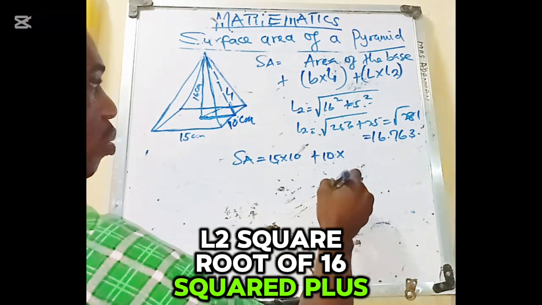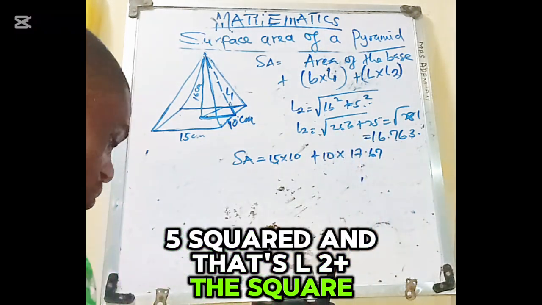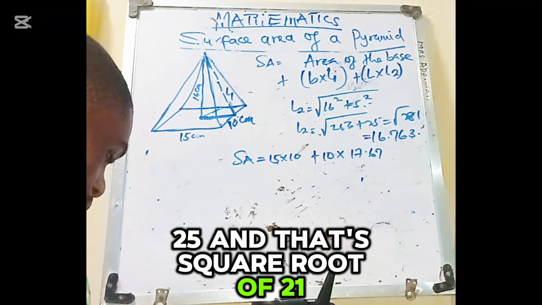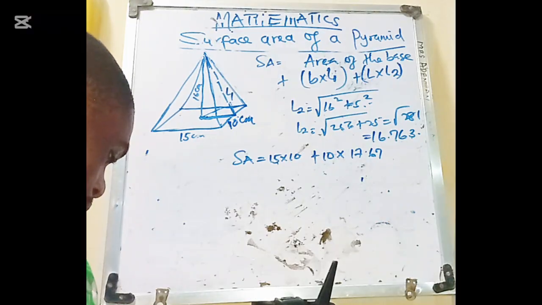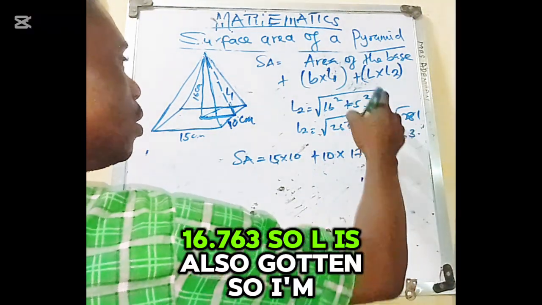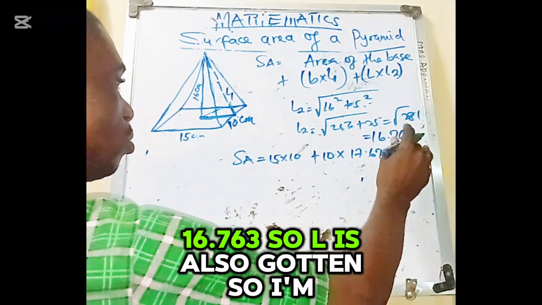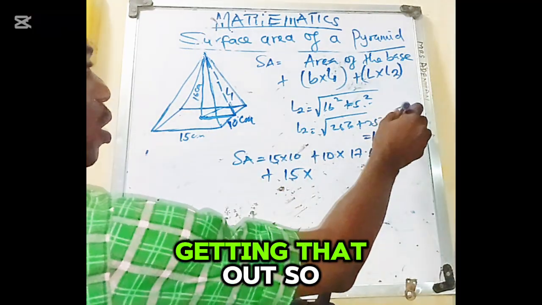What did we get as L1? 17.6. Plus the length 15 times the L2 that we got, 16.763.